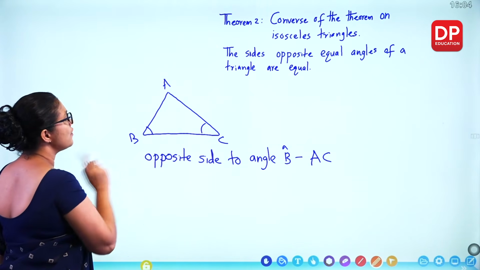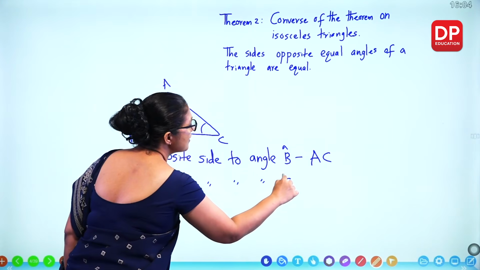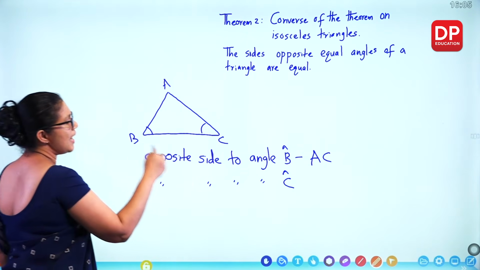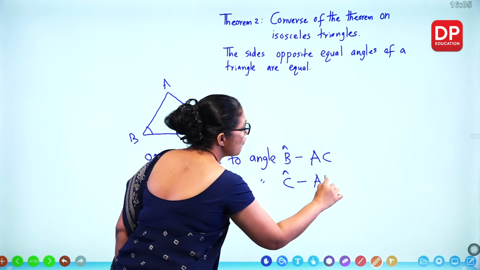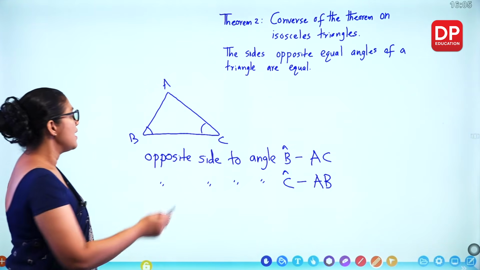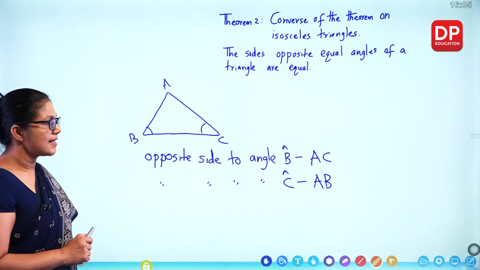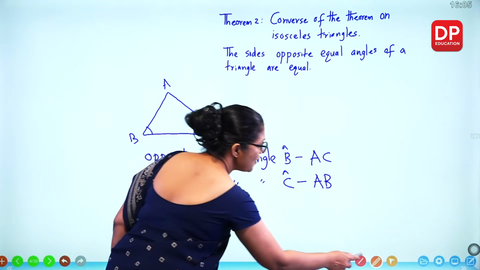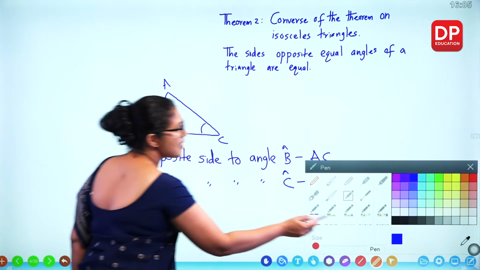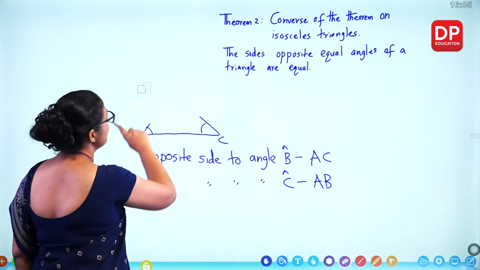What is the opposite side to angle C? AB. So first thing, before we find out the proof, you need to identify what are opposite sides to angles. So now we'll try to prove this theorem. This is converse of isosceles triangle theorem.